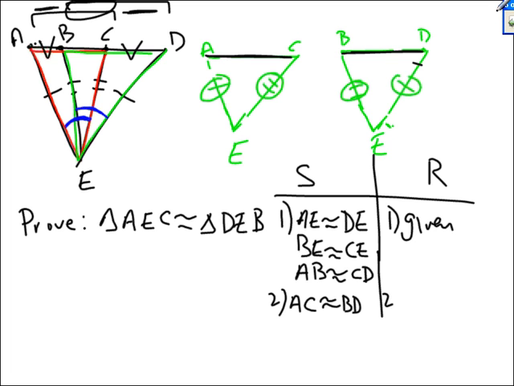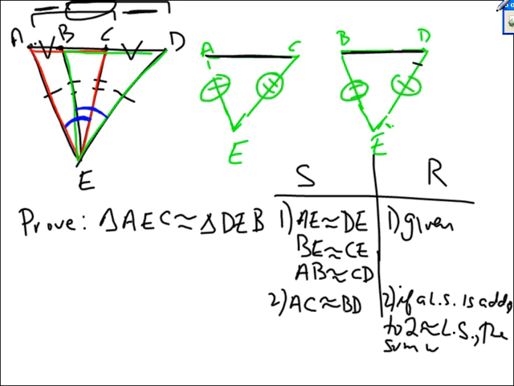And the reason is, if a line segment is added to two congruent line segments, their sum will be congruent. So now I have the third sides are equal.